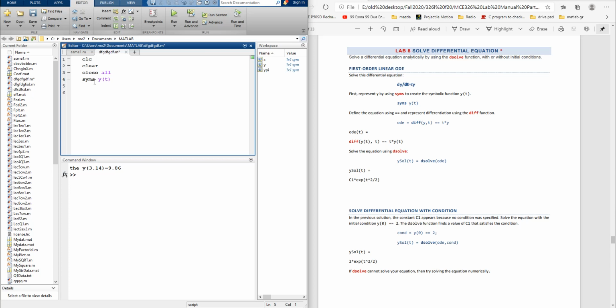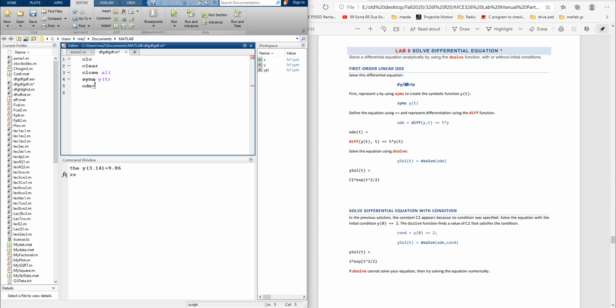We can define this ODE by saying ODE. Just ODE, guys, it's just a variable name. It could be X, Y, Z, any name as you wish. We can say that ODE equals. How can I say dy over dt?